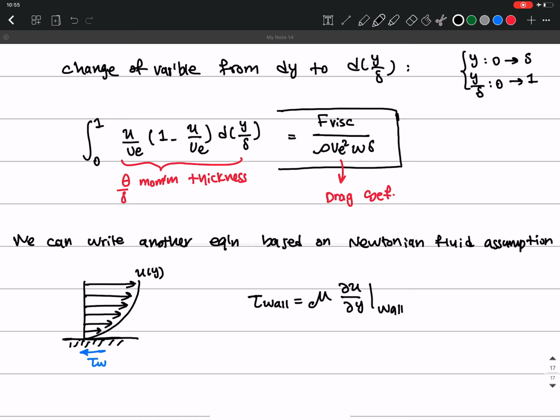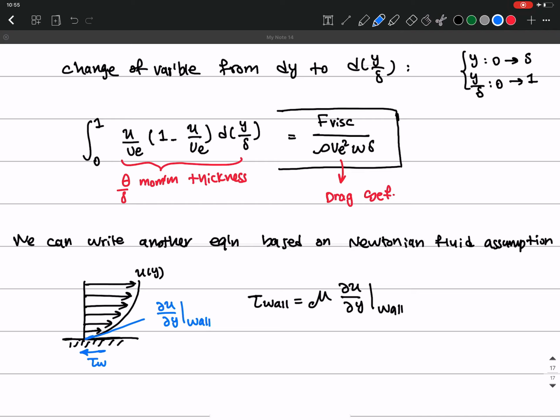This is the relation based on the Newtonian fluid assumption, right? And what is partial u over partial y? It's just the slope at the wall. So it's partial u over partial y at the wall. This is the slope.